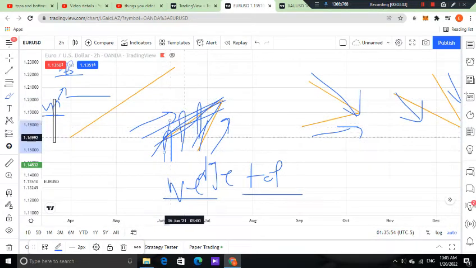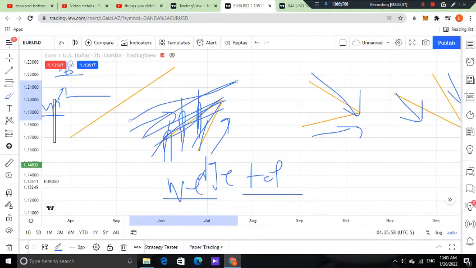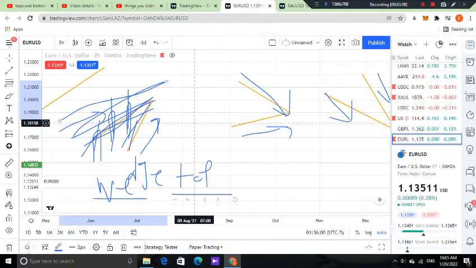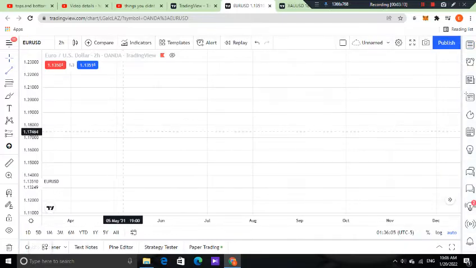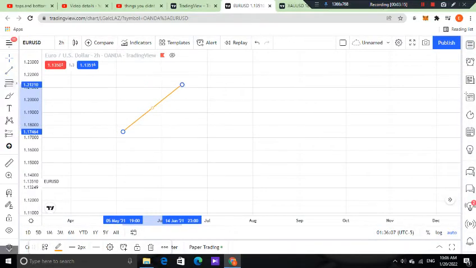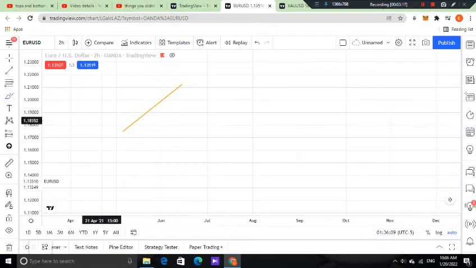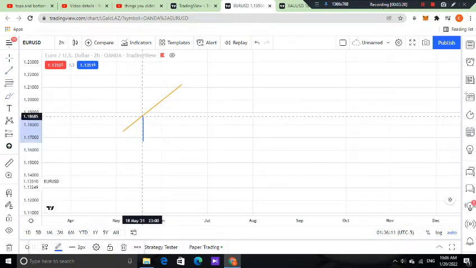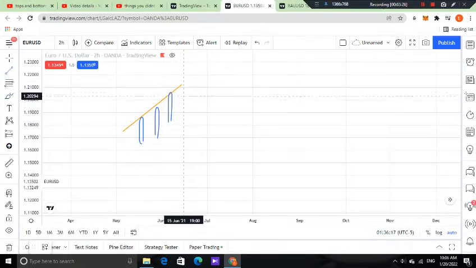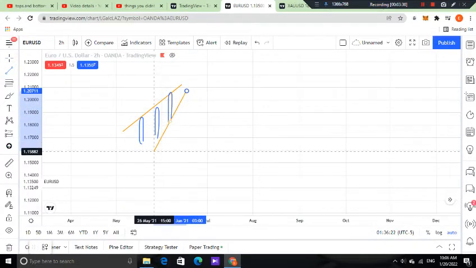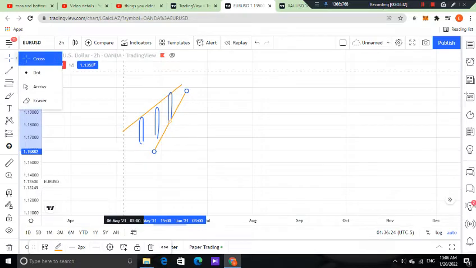3 pushes up, and then we can draw this line. Let me erase all of this and make it more clear. Okay, in order to have a wedge top like this one, you need to have 3 pushes up like this, and then you can draw this wedge and consider it as a wedge.